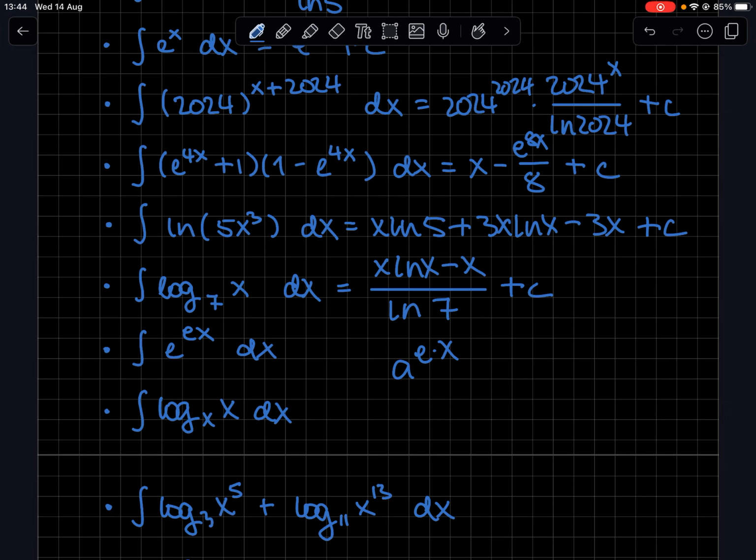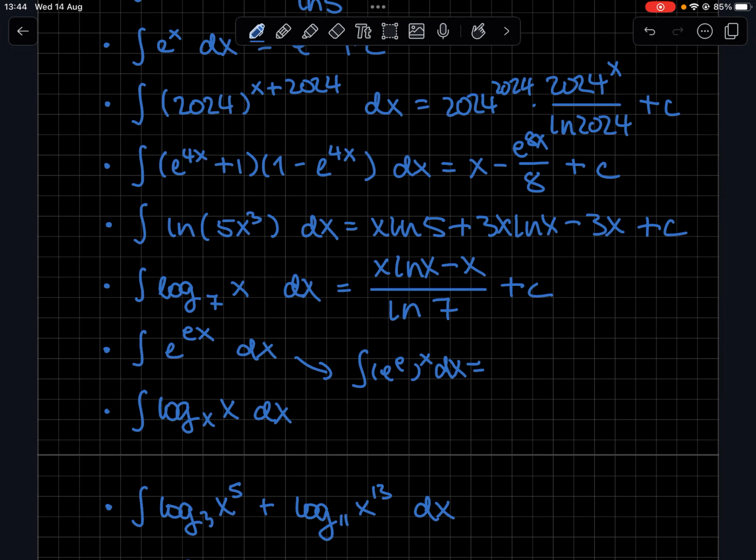We can rewrite it in the form a to the power of x using exponent laws. e to the power of e times x is just the same as e to the power of e to the power of x. Okay, and this is just a constant which we can call our a. So according to the rule, this is the integral of e to the power of e to the power of x dx.